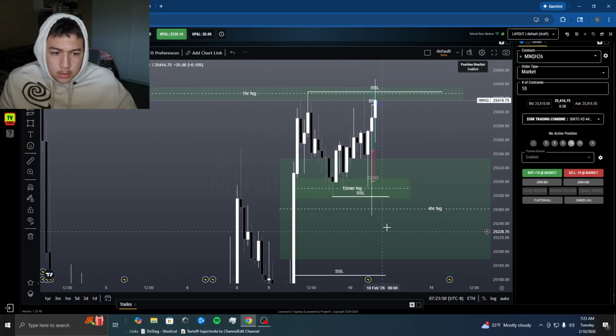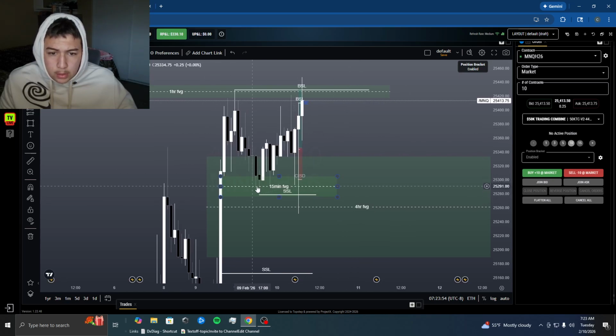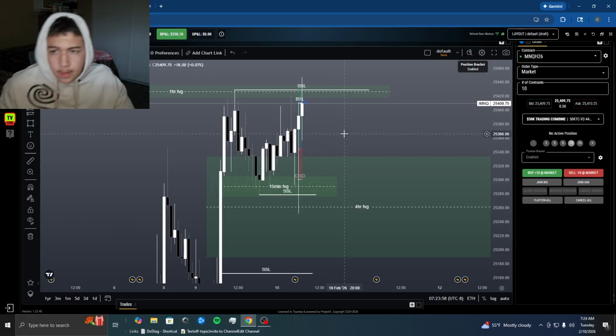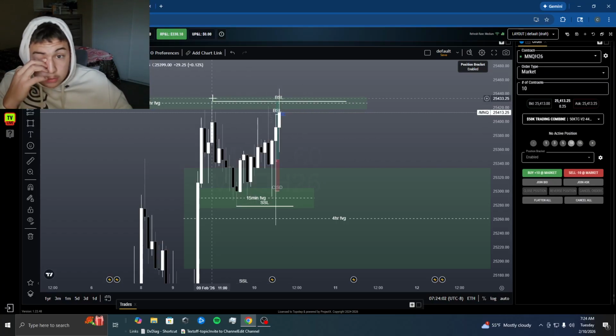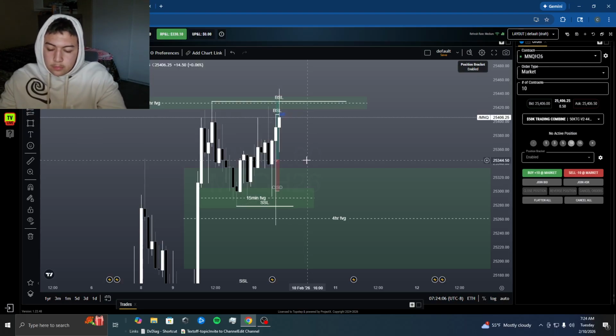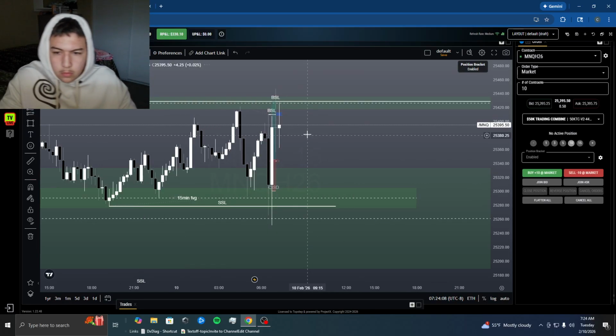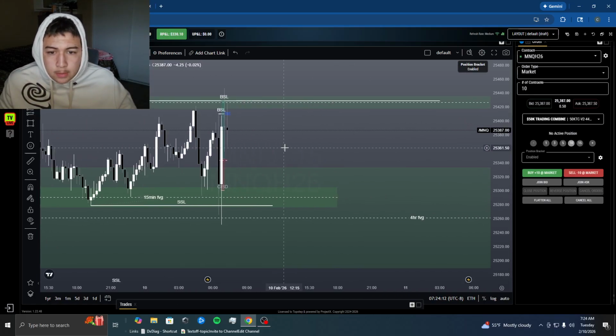So we've been respecting this 4 hour gap, and we've also been mitigating into this 15 minute. I had marked out my highs and lows, my buy side and my sell side, and as you can see, we've just been respecting these gaps.